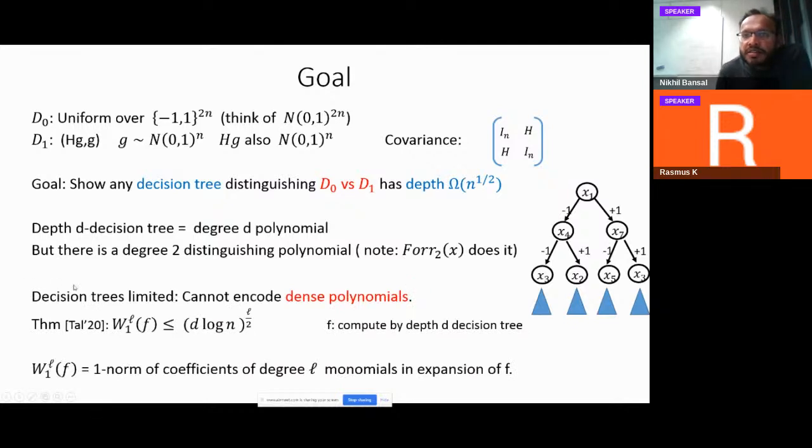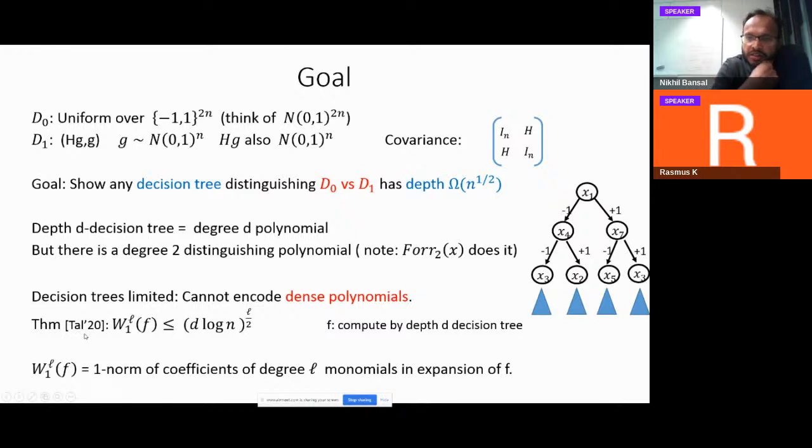And the punchline is that decision trees of depth d, even though they are degree d polynomials, are limited in the sense that they cannot encode dense polynomials. So what do we mean by this? I'll make this more precise in the next slide.